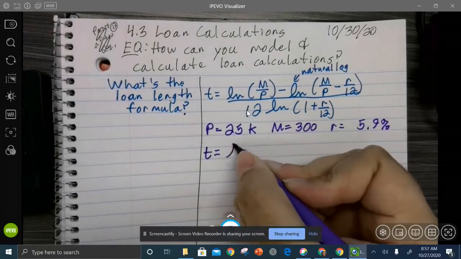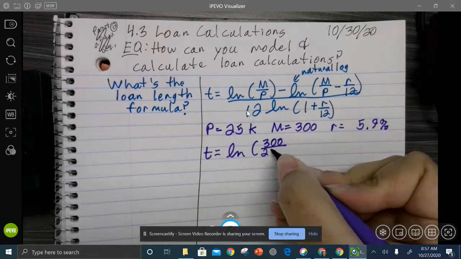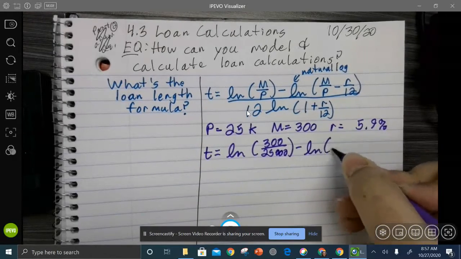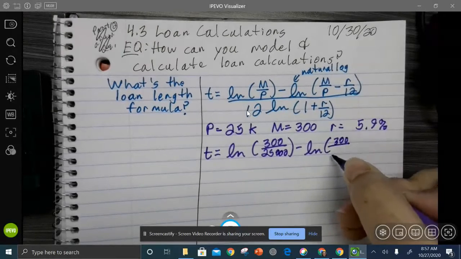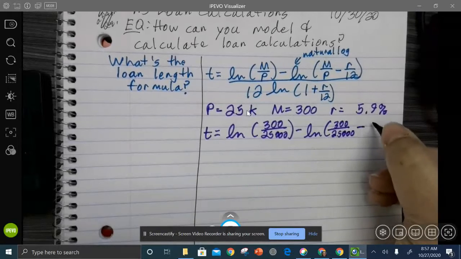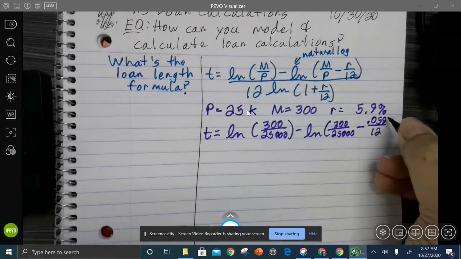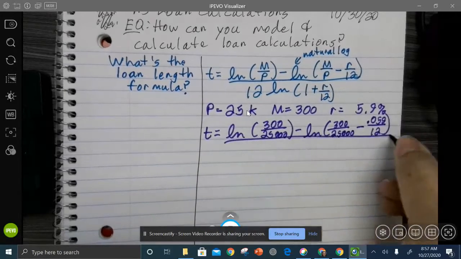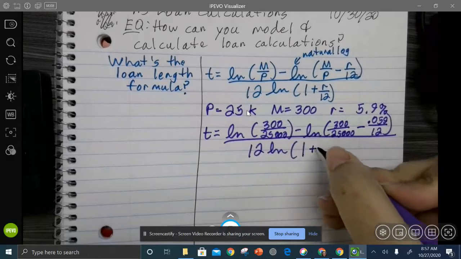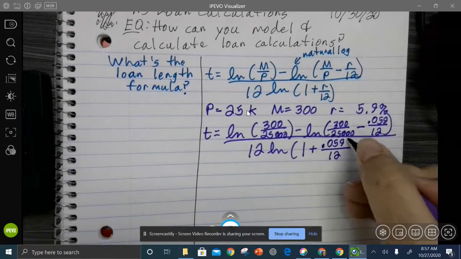So time is going to equal the natural log of 300 divided by 25,000 minus the natural log of 300 divided by 25,000, minus the rate as a decimal, so 0.059 divided by 12, all over 12 times the natural log of 1 plus the rate, so 0.059 divided by 12.